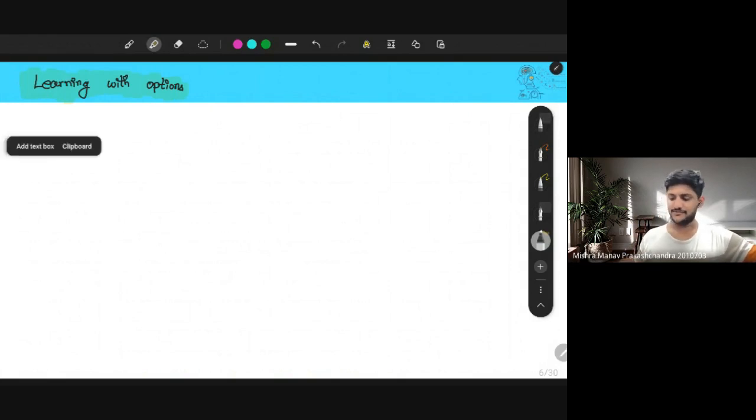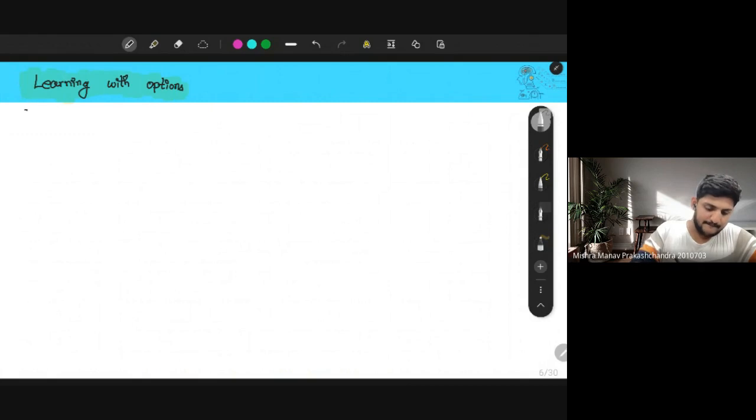Okay. So we start with the basic SMDP Q learning step, right? It will use the similar update rule that was being used earlier also. Only difference is instead of action, I make use of an option.